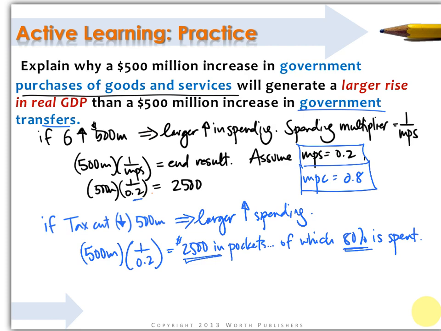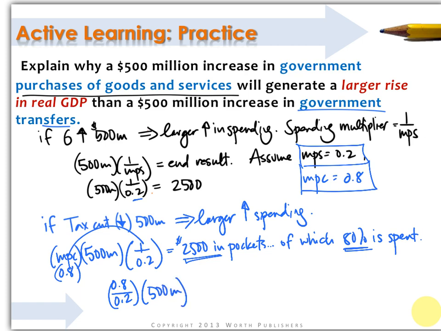So in other words, this whole thing has to be multiplied by the MPC to figure out how much of that tax cut actually gets into the economy. If you want to add those terms together, right, the MPC in this case is 0.8. So to figure out the impact of this tax cut, it's 0.8, and I'm just going to combine the terms here, over 0.2 times the 500 million.